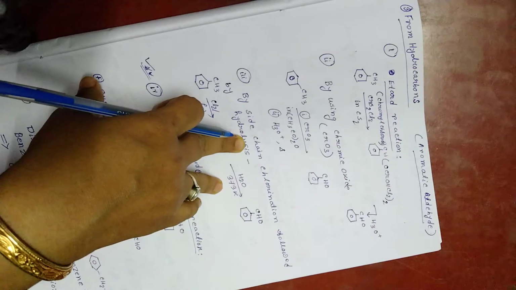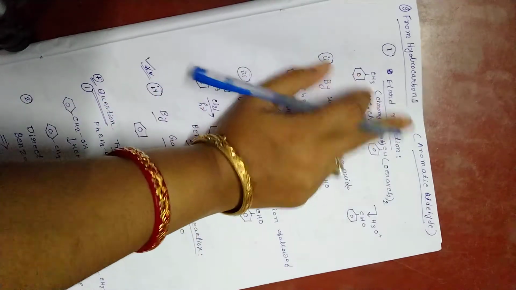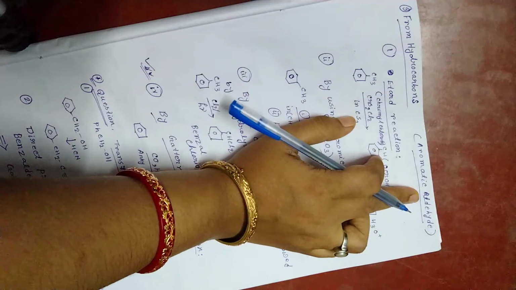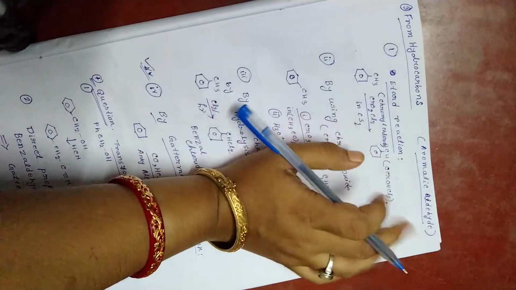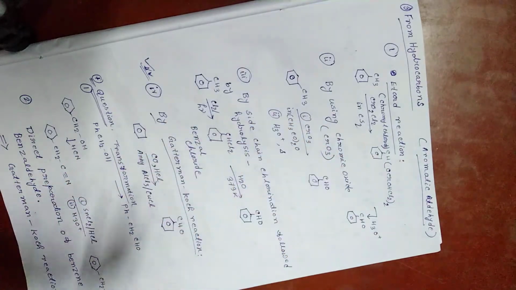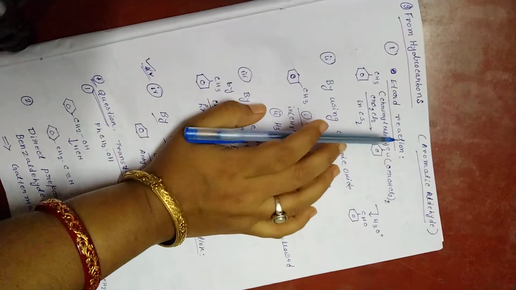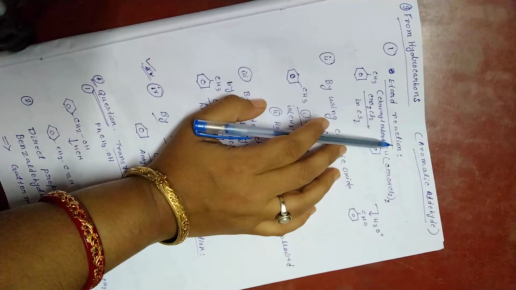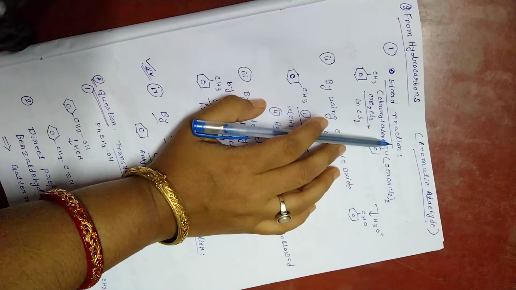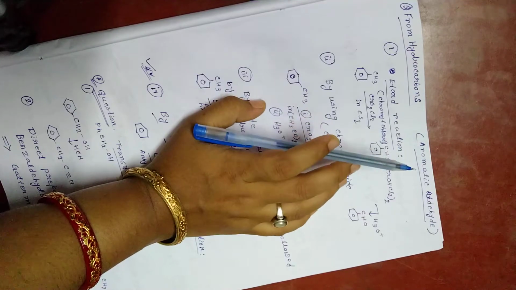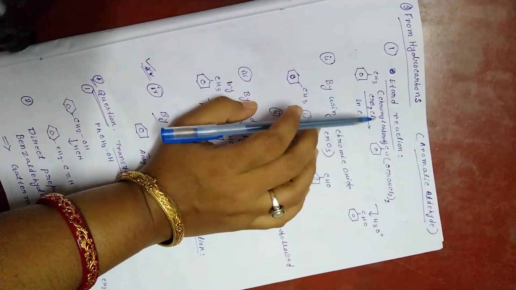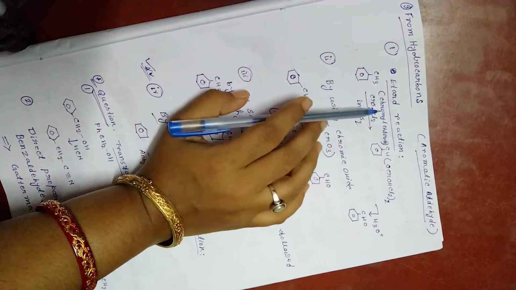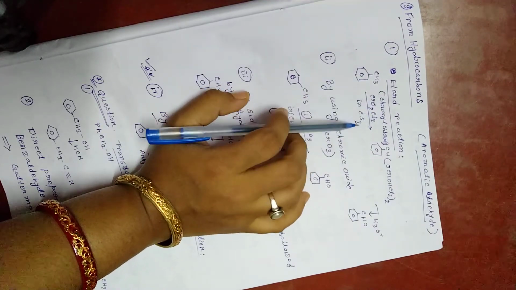Now from hydrocarbons, actually aromatic aldehyde can be prepared from aromatic hydrocarbons. First we can see the Etard reaction, one name reaction. This is actually oxidation of methyl benzene, that is toluene, by using chromyl chloride.